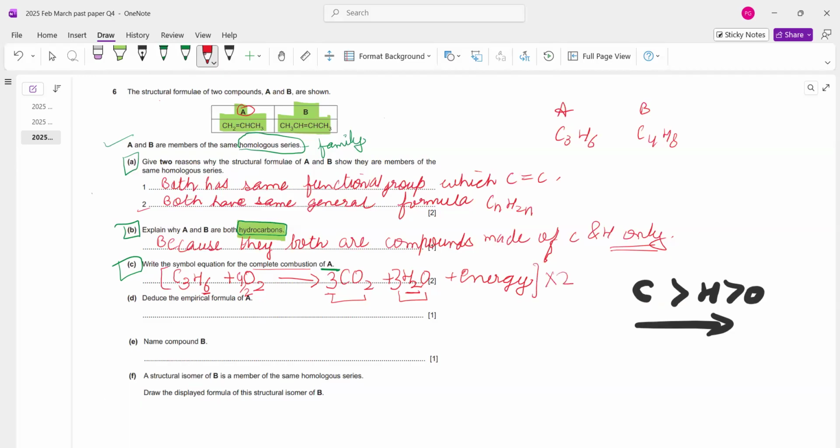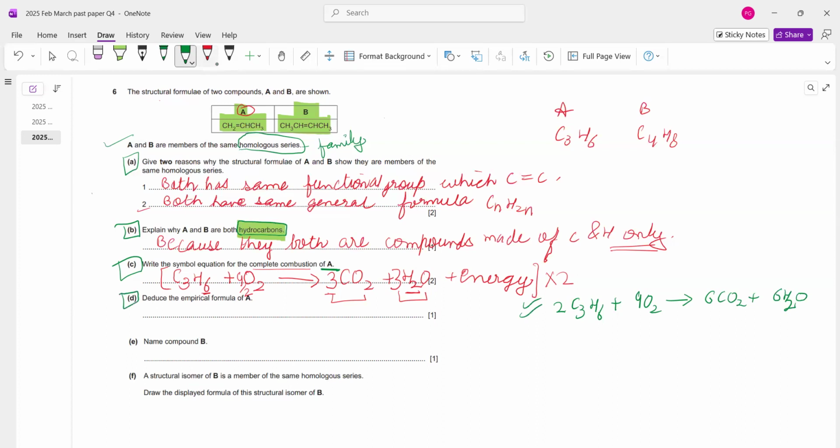What we will get as a balanced equation is 2C3H6 plus 9O2, giving us 6CO2 plus 6H2O plus energy. That's how we write the final answer.